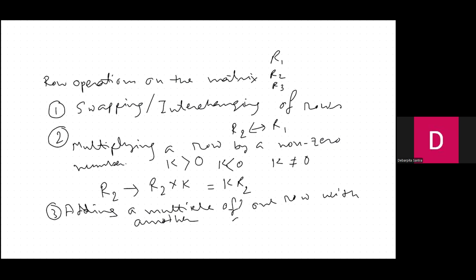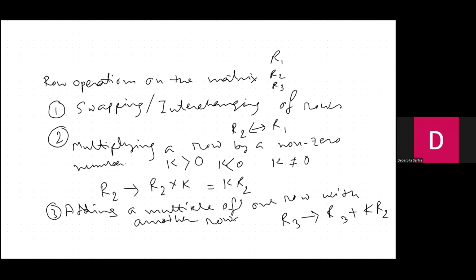What is that? You see, we have multiplied the row R2 with k. So that is a multiple of one row, that is kR2. Now what can we do? Suppose there is another row R3. R3 can be added to kR2. That is also allowed.